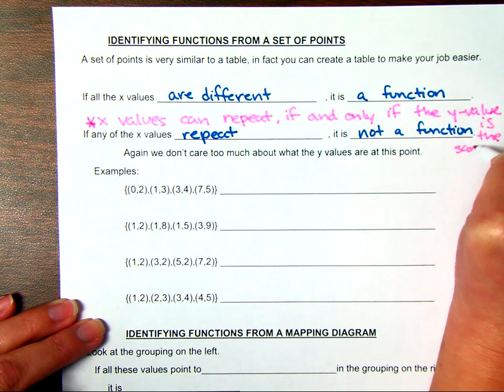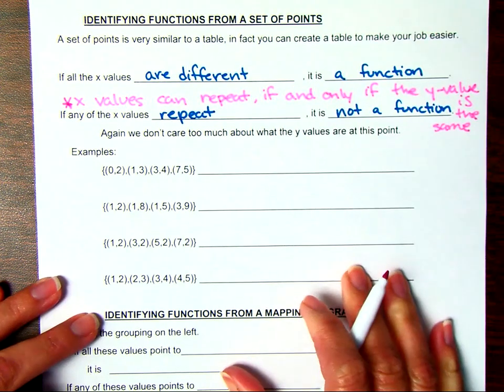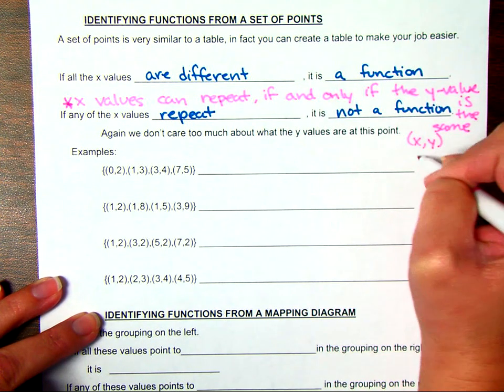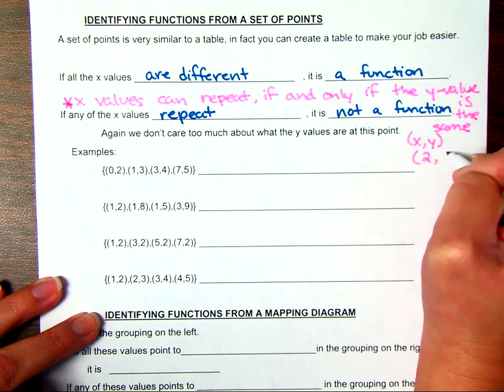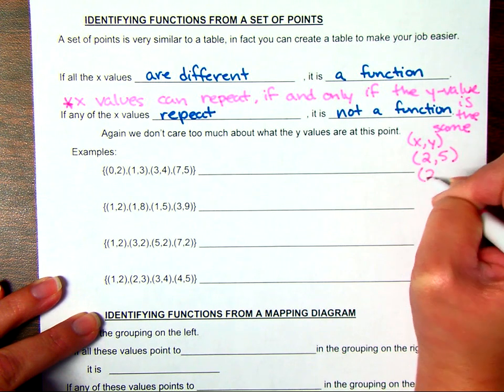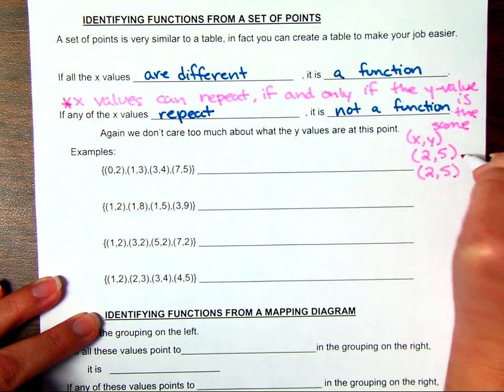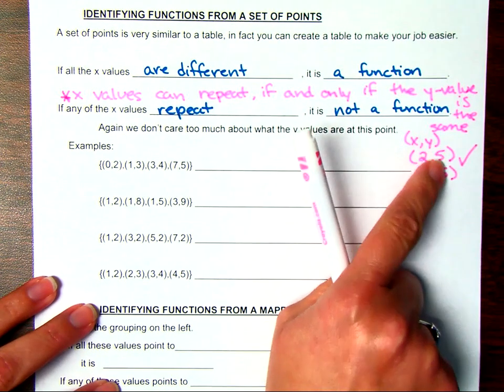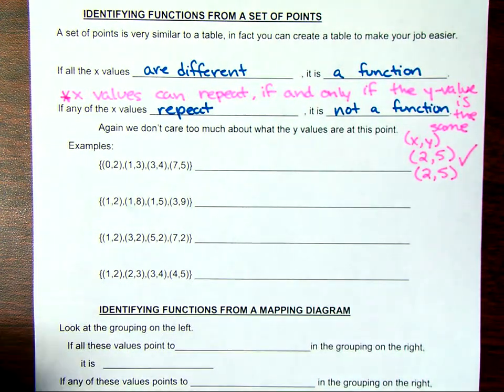So an example for that, let's say that when x was 2 and y was 5, if they listed it again, this is technically okay. That's a function because your x is repeated, but it's still matched to one and only one y value of that 5.